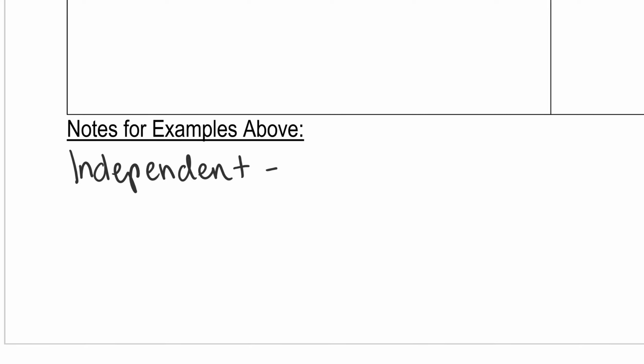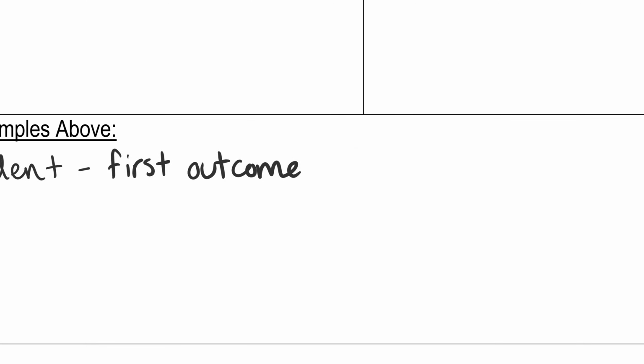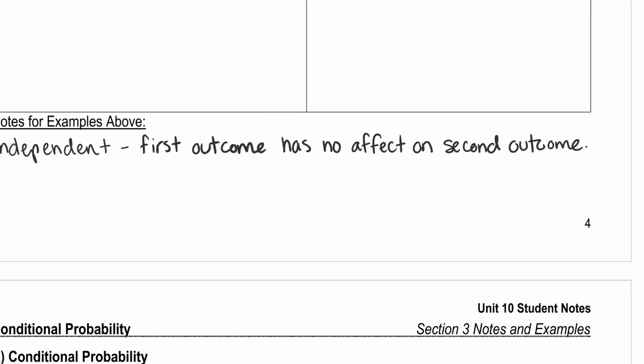That just means that whatever our first outcome is has no effect on the second. So that it has nothing to do with the second outcome. Okay, so that's independent. The first outcome has no effect on the second outcome.